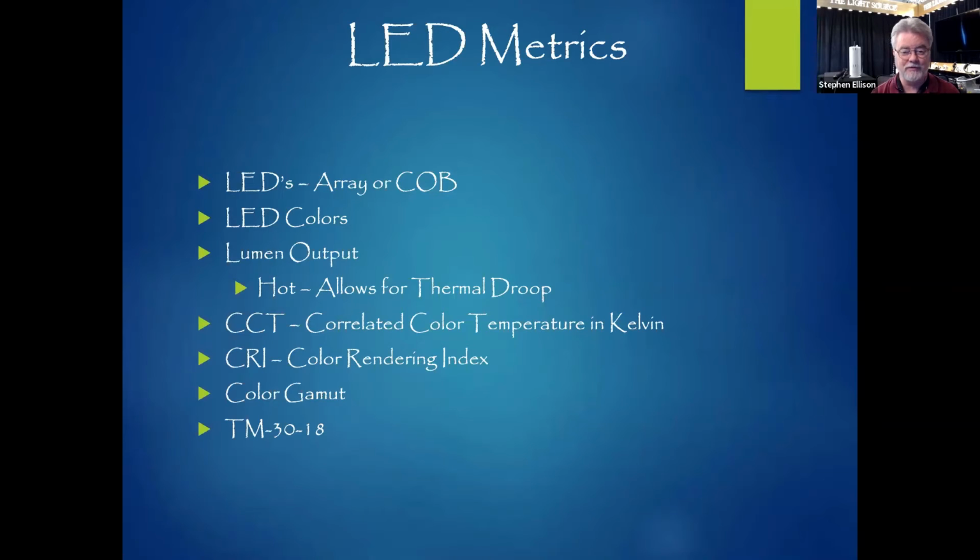If I wanted a really dark blue to show up, I would have to double up the number of fixtures I use to even begin to see it, compared to the amber, which I could get plenty of light out of. And the last thing we'll talk about is TM-30-18, an ANSI standard that is coming into its own. It is much better than CRI.